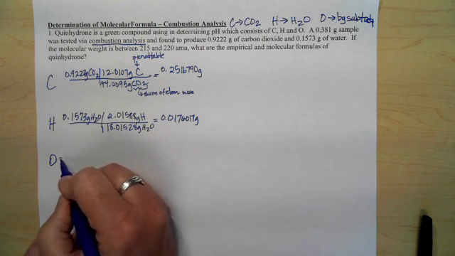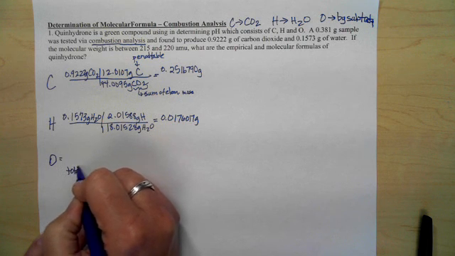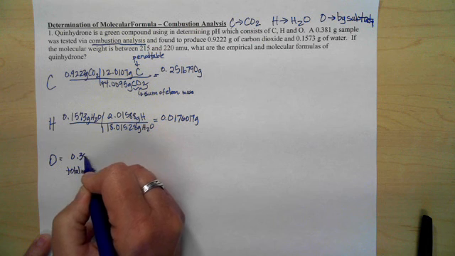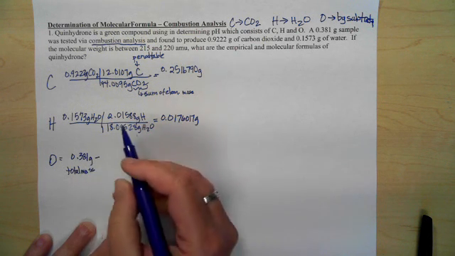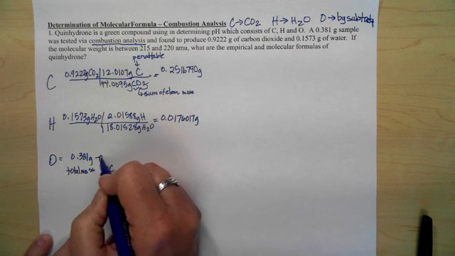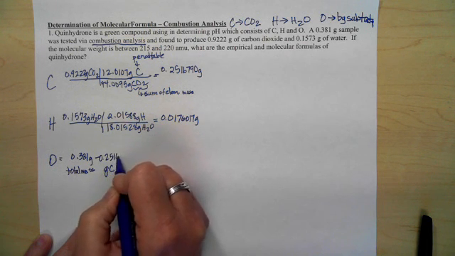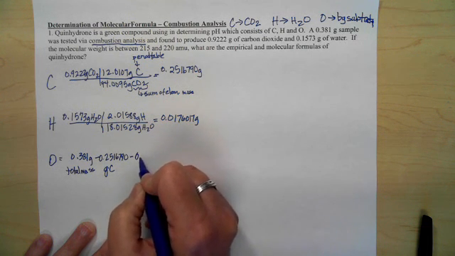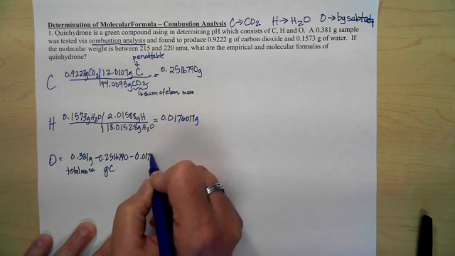Now oxygen is going to come out by default. We're going to start with the total mass, which is 0.381 grams. We're going to subtract the grams of carbon, which is 0.2516790, and we're going to subtract the grams of hydrogen.